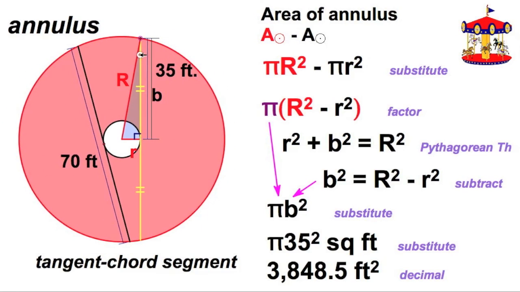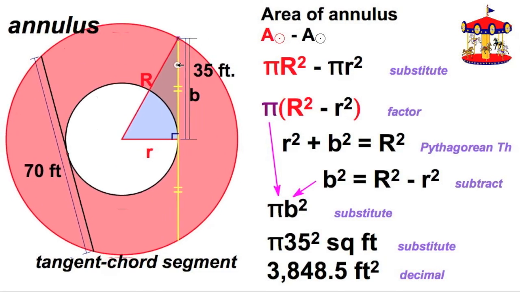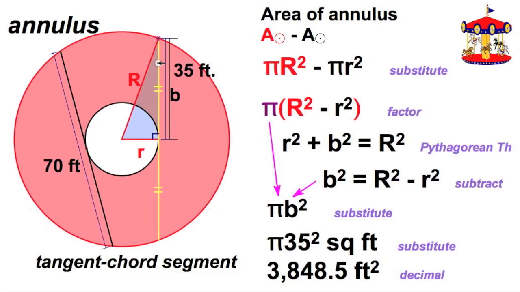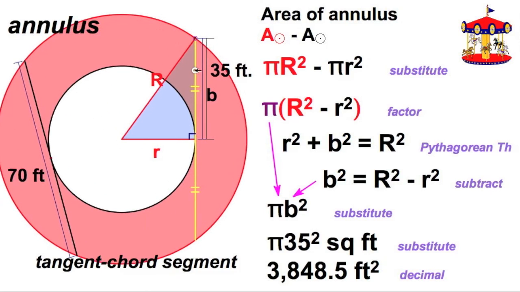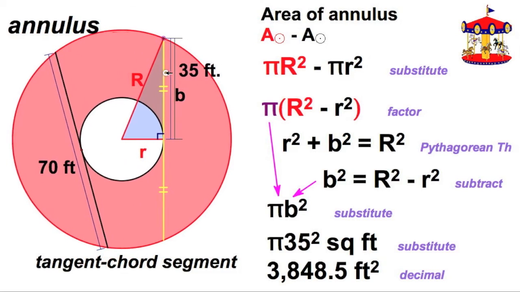Right here, I've got a constant tangent chord. And as I change this, all of these annuli have exactly the same area. Now that's pretty cool stuff.